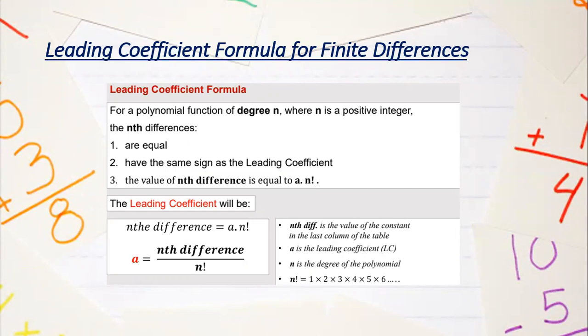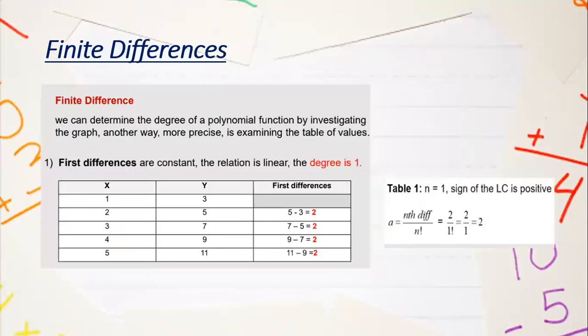They have the same sign as the leading coefficient, and the value of the nth difference is equal to a times n factorial. So the nth difference is equal to a times n factorial, and a is equal to the nth difference divided by n factorial. The nth difference is the value of the constant in the last column of the table. A is the leading coefficient, and n is the degree of the polynomial function. And n factorial is equal to 1 multiplied by 2 times 3 times 4 and so on.